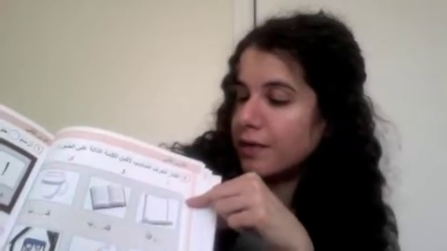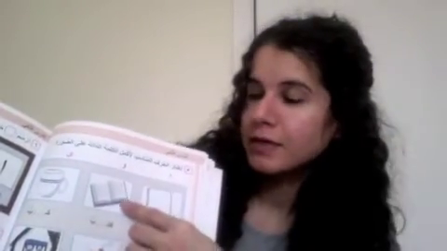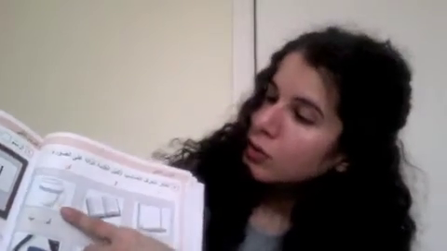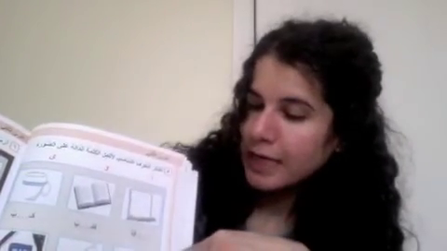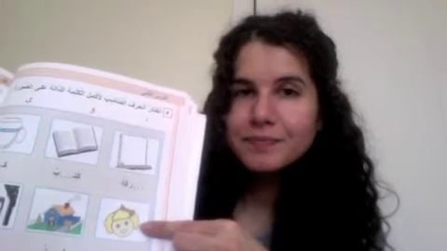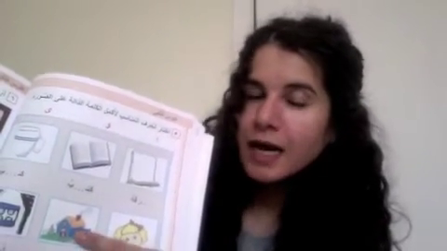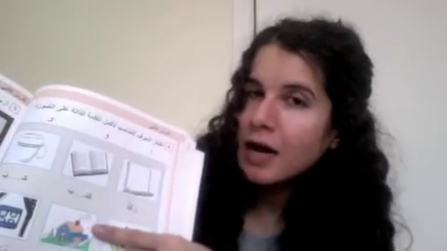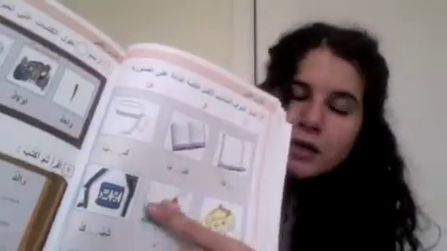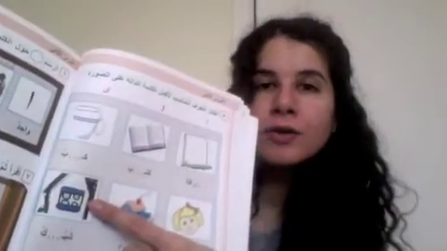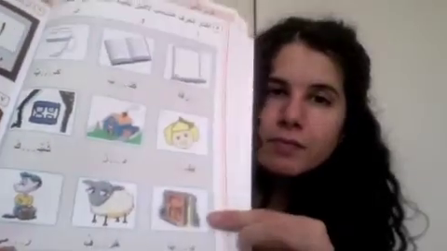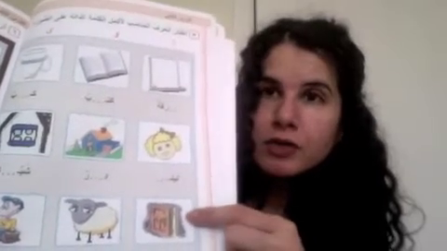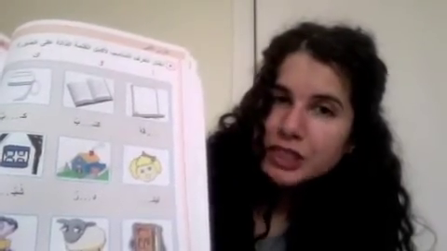So first one is paper, waraqatun, kitab, kubun, cup, Layla, girl's name, دار, a house. شباك, window. باب, door. خروف, sheep.